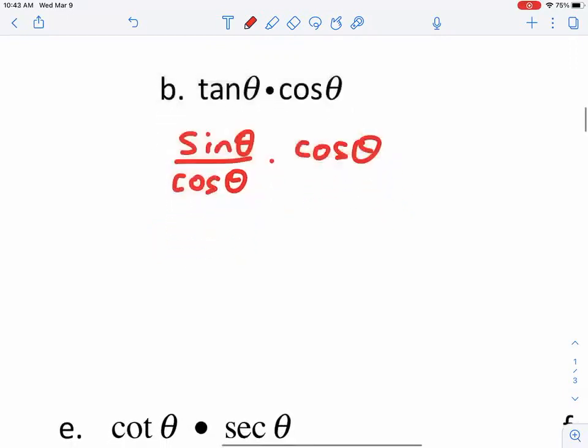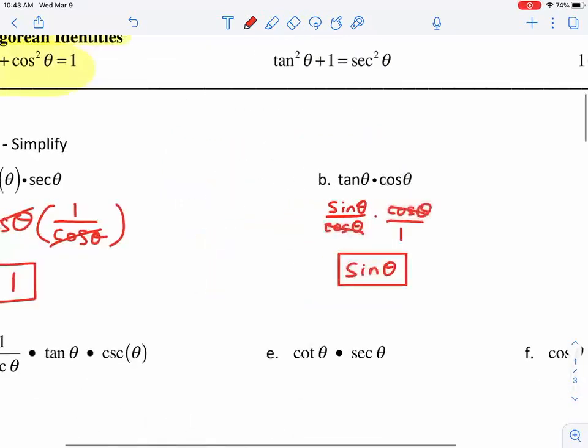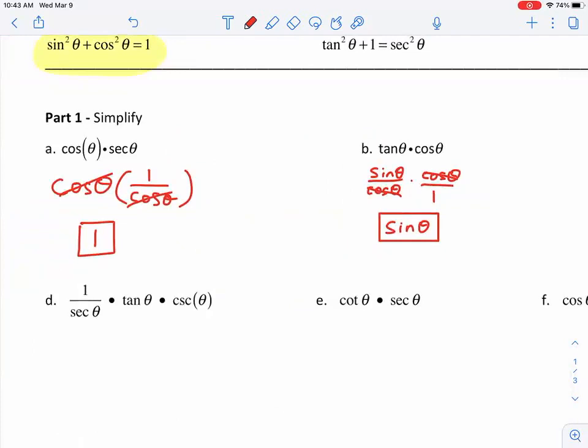I'm going to leave it that way because I want everything in terms of sines and cosines. So cancel a cosine, because cosine is like cosine over 1. It's on top, meaning I can cancel one of those, and I'm left with sine theta. That is my answer. I have simplified it. Okay, any questions yet?